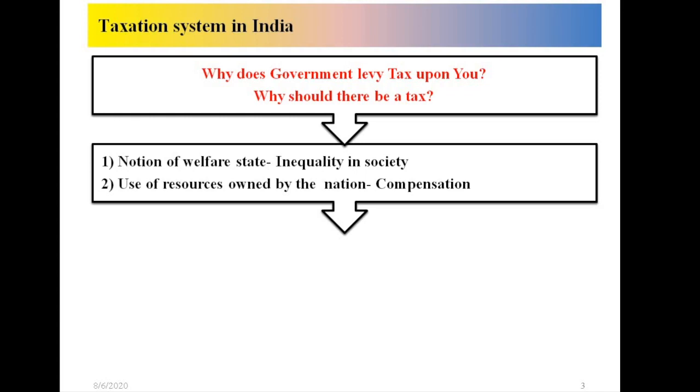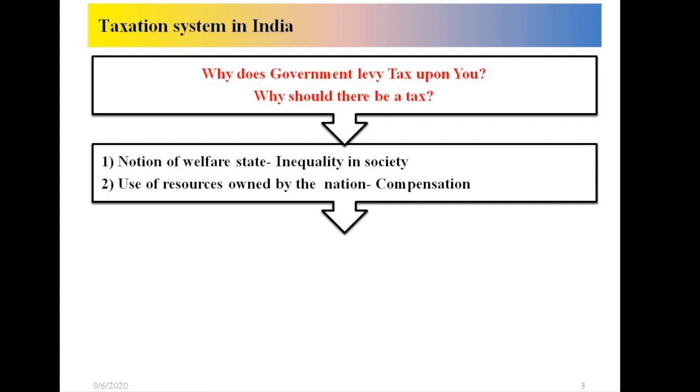Another one is that you have to use the resources which are owned by the nation. Now you can say the land is there, water is there, air is there. So naturally we are also using the natural resources, and these natural resources are generally owned by that particular nation.